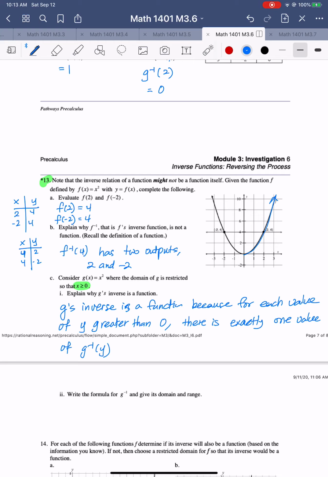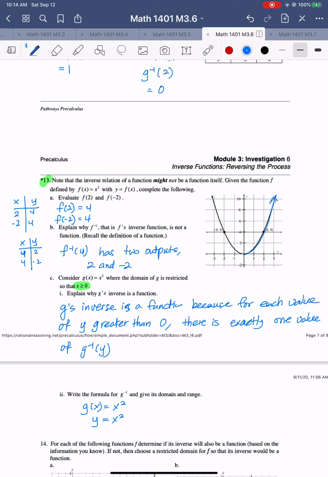So for the inverse, there's a step that you can write here. So g of x was x squared, right? In order to find the inverse, you put y equal to x squared, and then you solve for x this time.